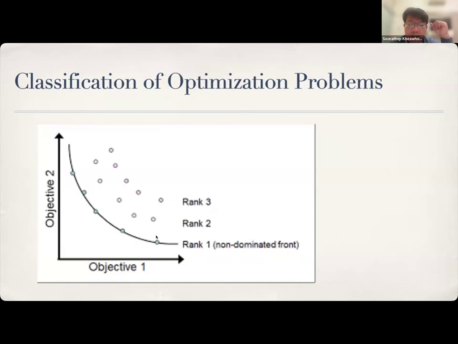So we have multiple solutions where all these solutions are not dominated solutions. We call it non-dominated solutions. What does it mean? We cannot say this solution dominates this solution because it's non-dominated. In the viewpoint of objective 1, this one is better.